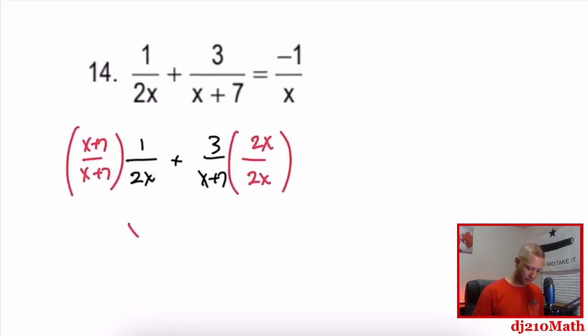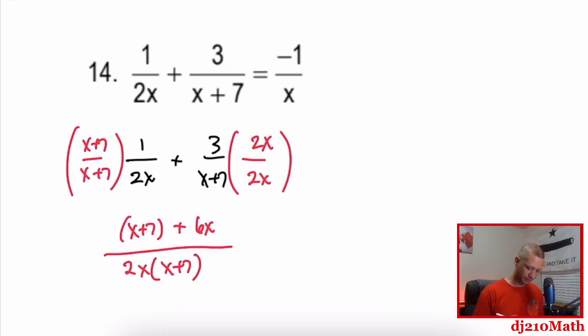So this is going to be x plus 7 on top, plus 6x, all over 2x, x plus 7. So combining like terms in the top is all addition, so it's going to be 7x plus 7. Bottom is going to be 2x, x plus 7.